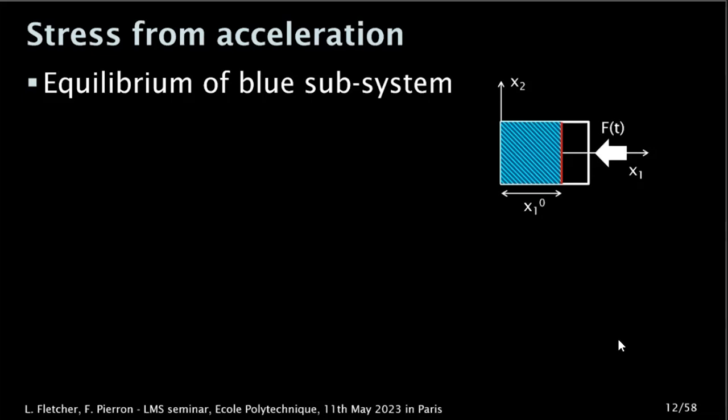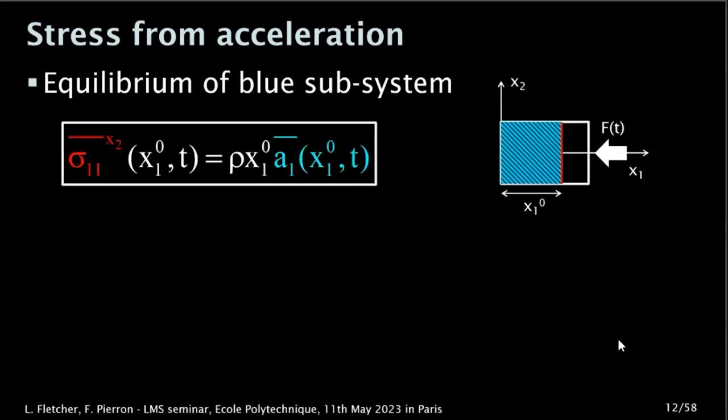This is the typical configuration for all three tests, but imagine that this is the impact test. You have an impact here, F of t. You're hitting the side of the specimen, and you have a wave traveling through it. If you isolate the subsystem in blue here, you can show by very simple equilibrium, force is mass times acceleration, that the average stress in the 1 direction, averaged over the cross section here in red, is simply equal to the density of the material, the distance to the free edge, and the spatial average.